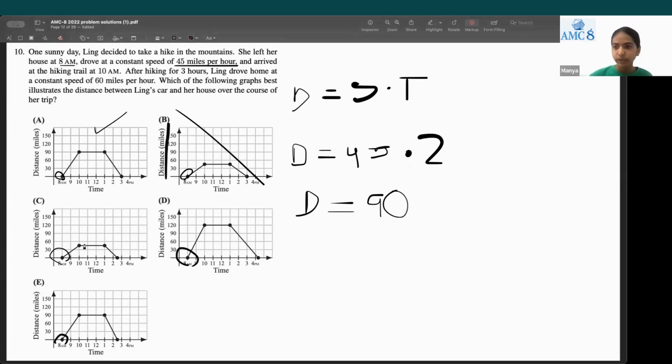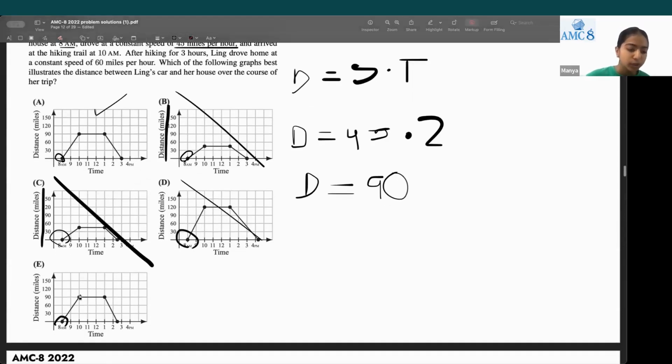C is not the answer choice either because once again, this shows 45 miles instead of 90 miles, and this is the distance, not the speed. This one shows 120, but it's not 120, it's 90. So this one's wrong. And this one shows 90, so this one's correct. So it's either A or E.